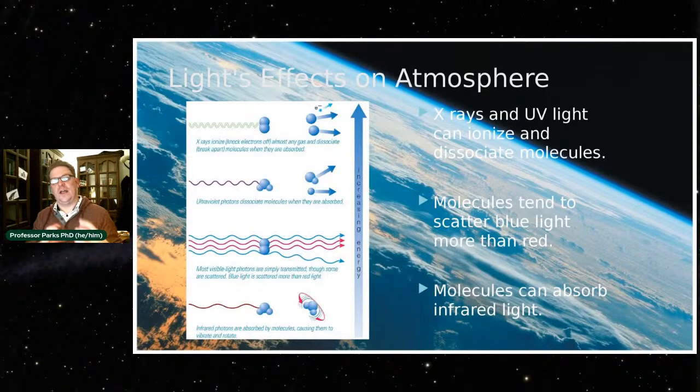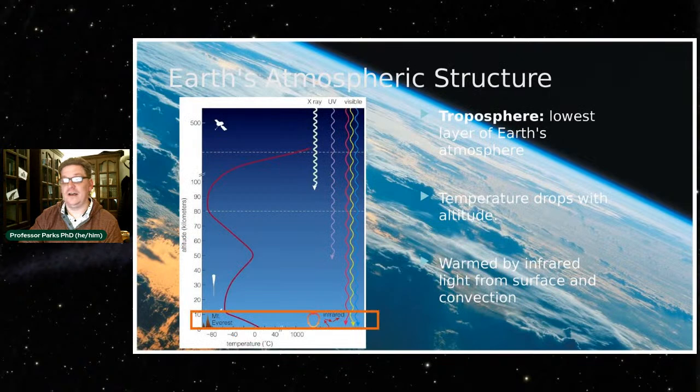Ultraviolet light and X-rays can easily ionize and dissociate molecules. Molecules tend to scatter more blue light than red light, and, as I've already mentioned, can absorb infrared light with a fairly high efficiency.